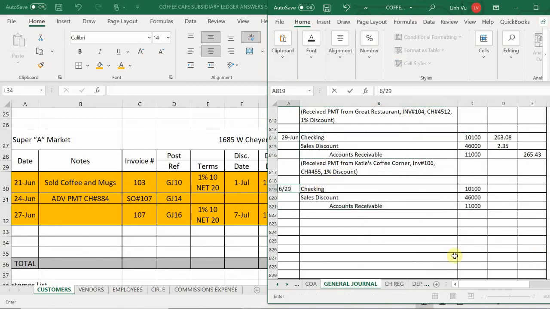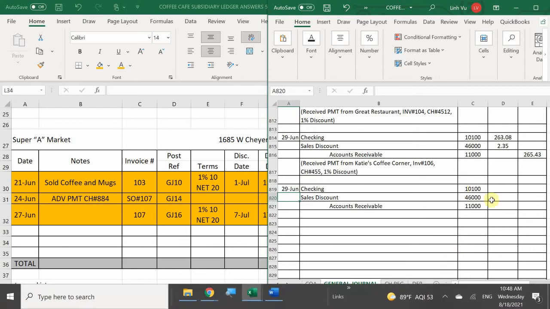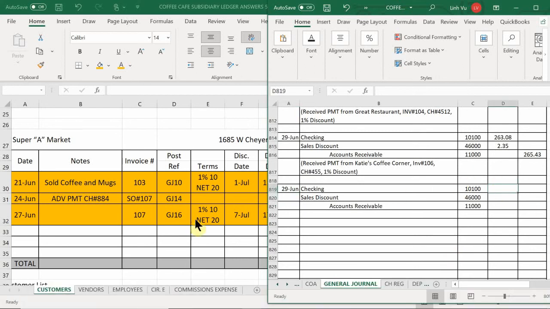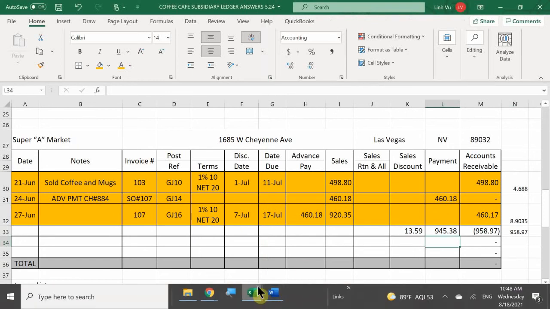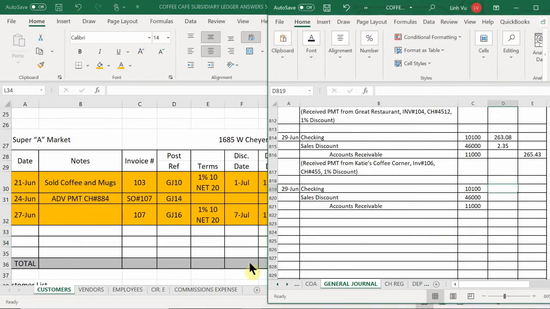Checking was $945.38. The discount was $13.59. Okay, and the accounts receivable should be a total here of the $958.97.